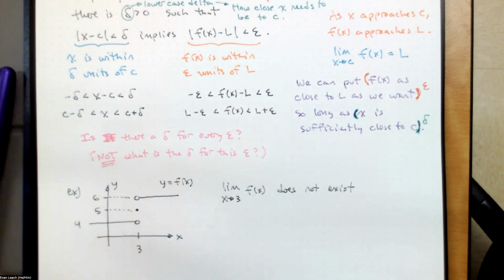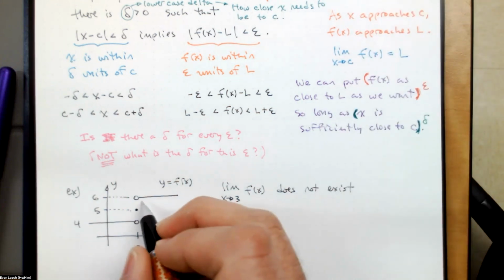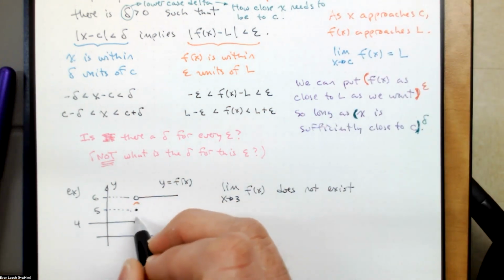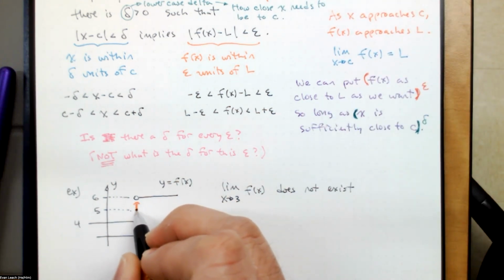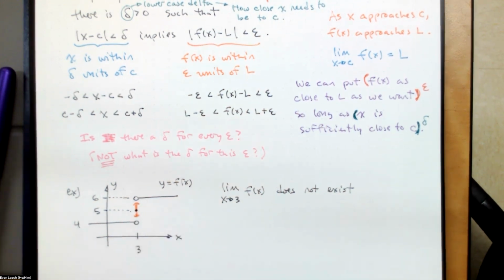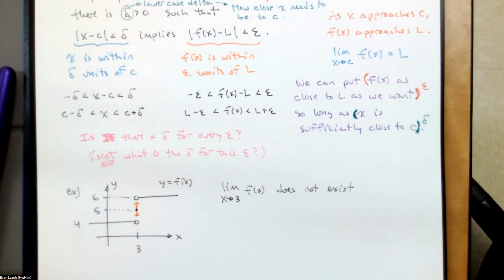If I draw my plus and minus epsilon around the 5, there is no value of x that will put the value of the function in that little orange square. We'll never be close to 5. We'll only be close to 4 on one side and 6 on the other.